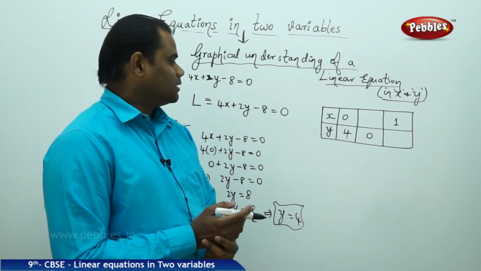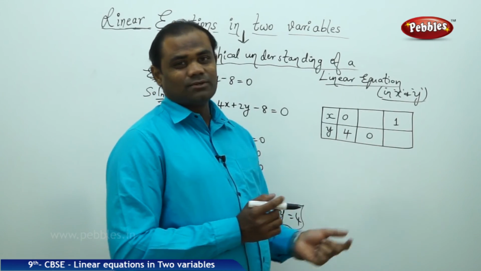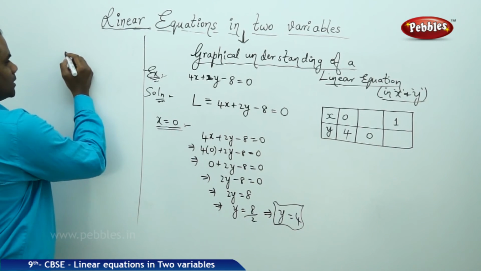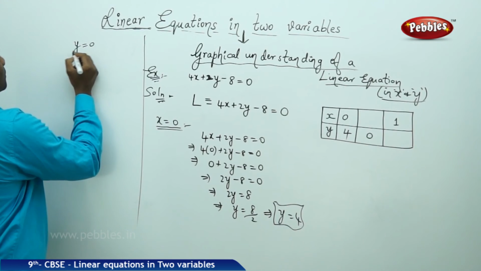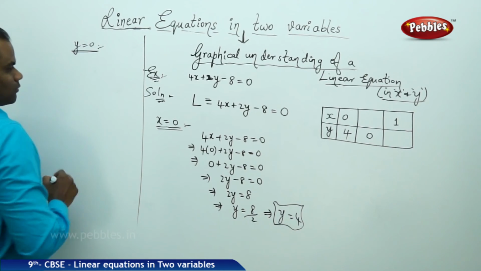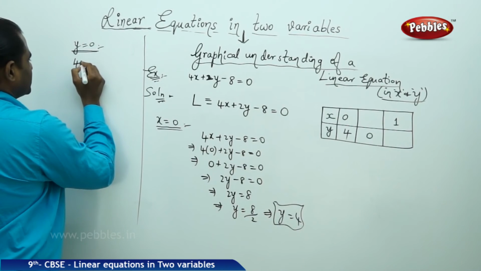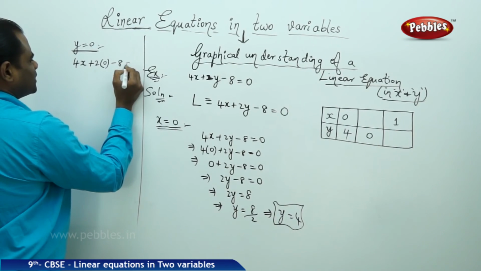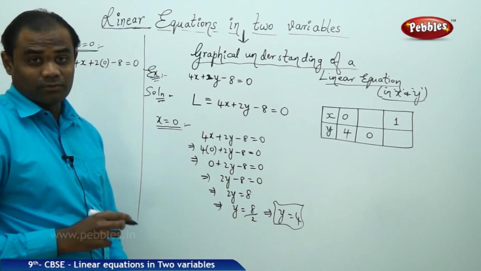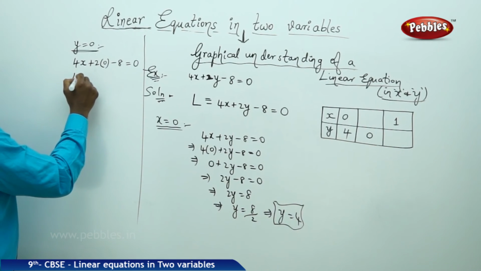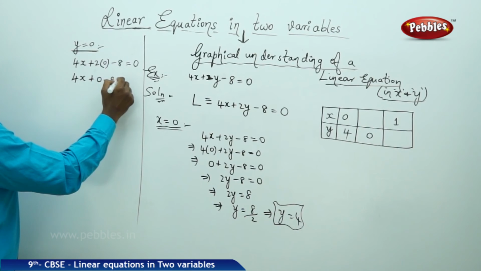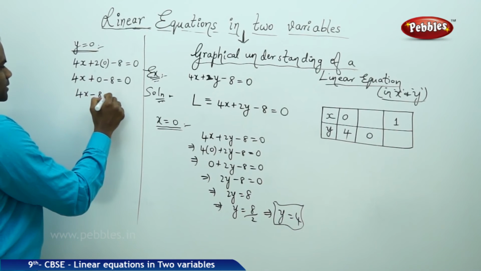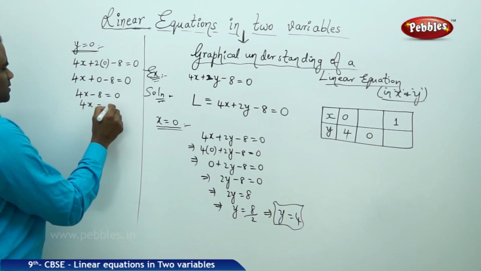Substituting y as 0, I get 4x plus 2y minus 8 equal to 0, which gives 4x plus 0 minus 8 equal to 0, so 4x minus 8 equal to 0, and 4x is 8.